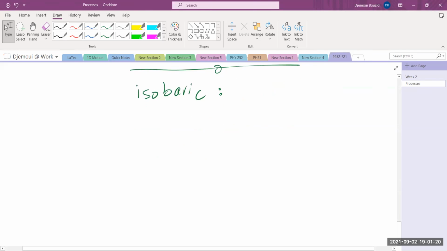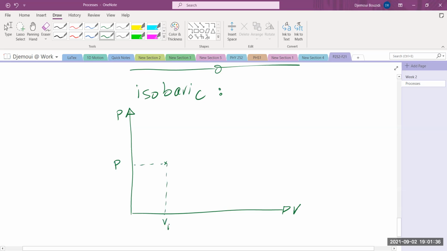Let me draw this one because it really requires some pictures in here. So again, this is V, the volume. This is the pressure. The pressure is fixed now. So the pressure is not going to change. The volume can change though, from V initial up to V final.